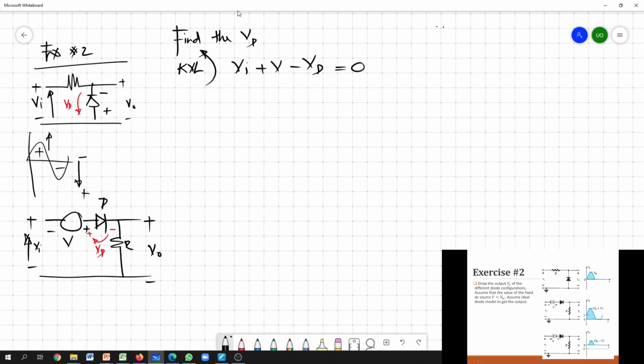So then you can read the sources only. So Vi plus V equals Vd. From this we can say that Vd is the open circuit voltage, for clarity. So the actual voltage appearing across the diode is Vi plus V.